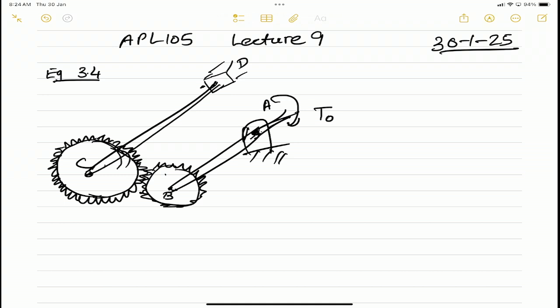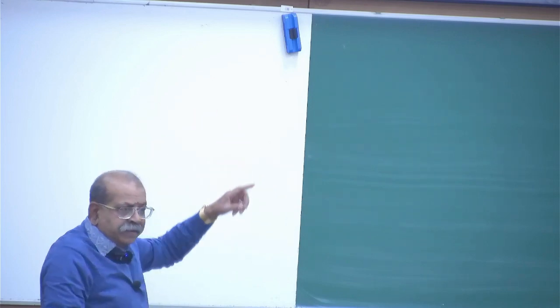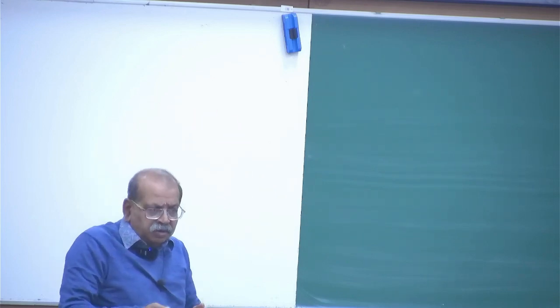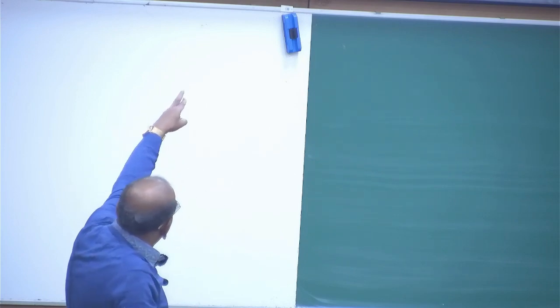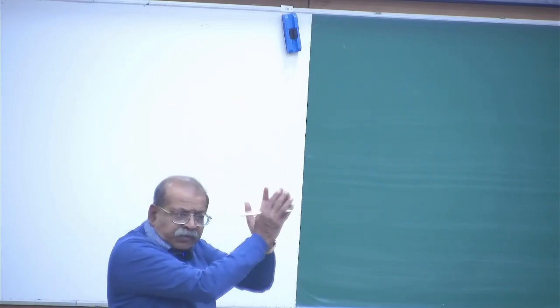So let's see if this picture is clear. Let me explain this. This is again a problem from the book. If the figure is not very clear, you can refer to the textbook. What we have are two rods. The rod CD, which is a circular rod, is fixed at the end D. So at the end D, it is fixed in the wall.